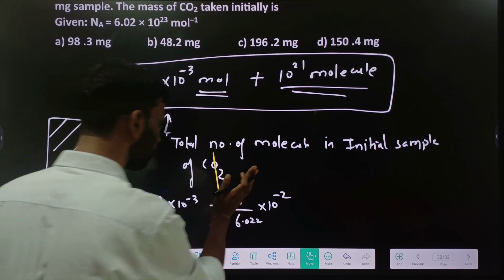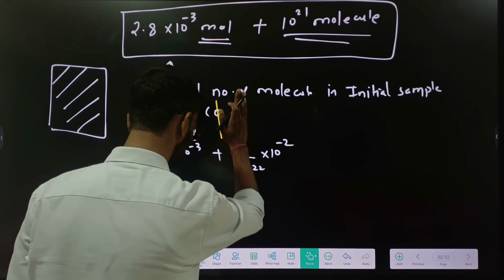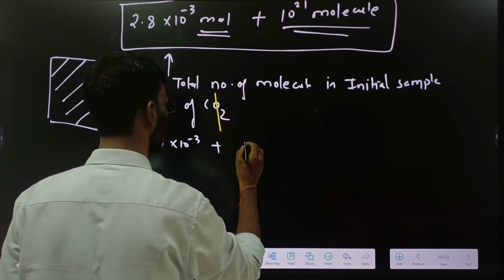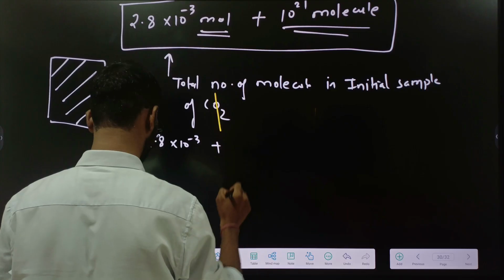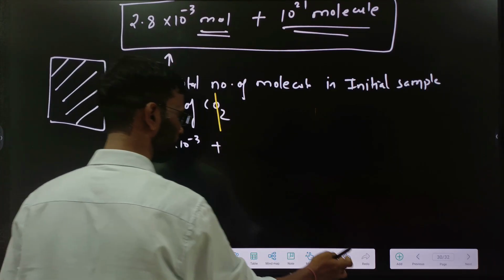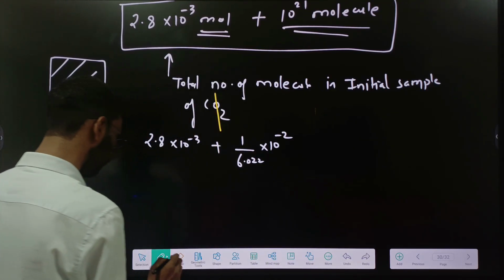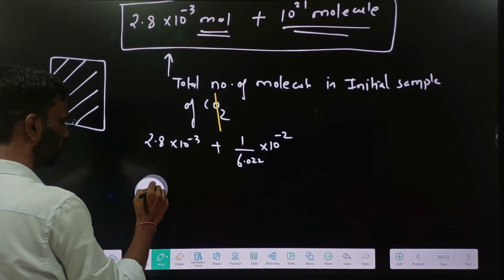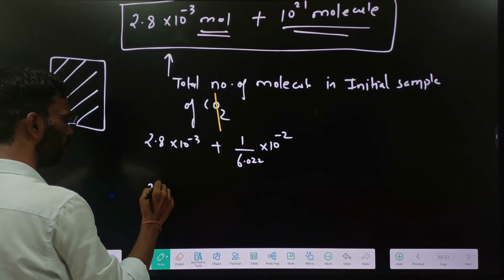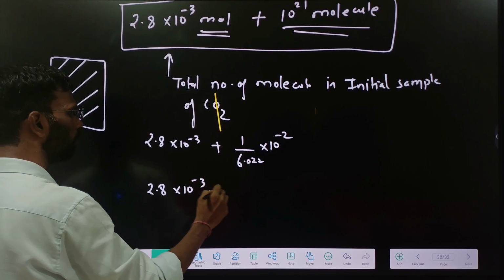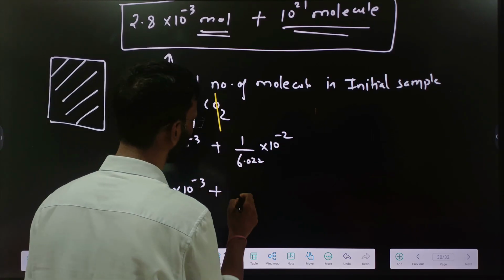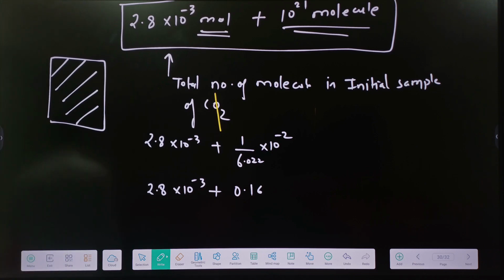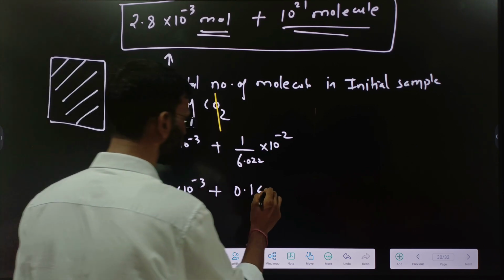I'll write over here separately. So therefore the number of moles is 2.8 into 10 raised to minus 3 plus 0.166.